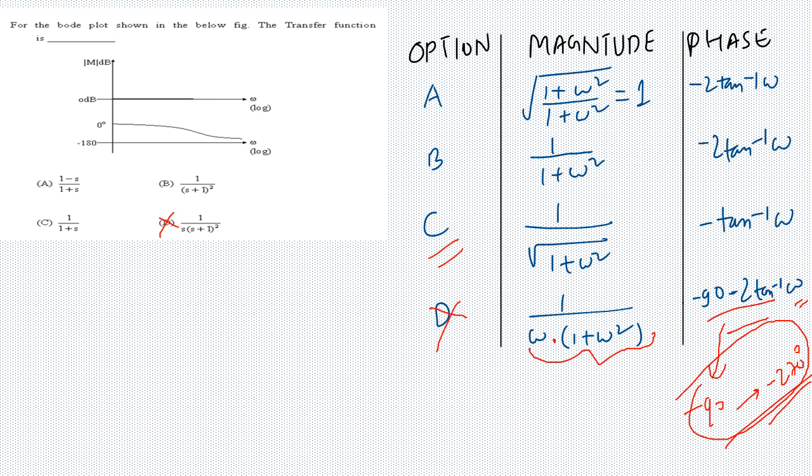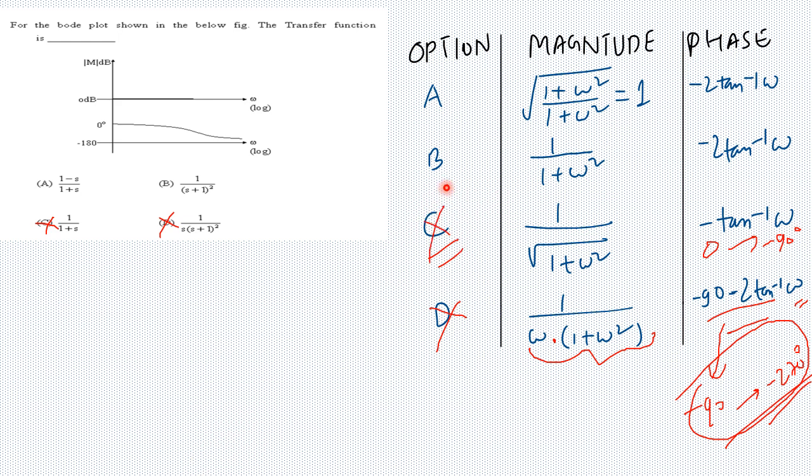Also the phase starts at 0 and ends at minus 90 degrees, so C is also to be discarded.